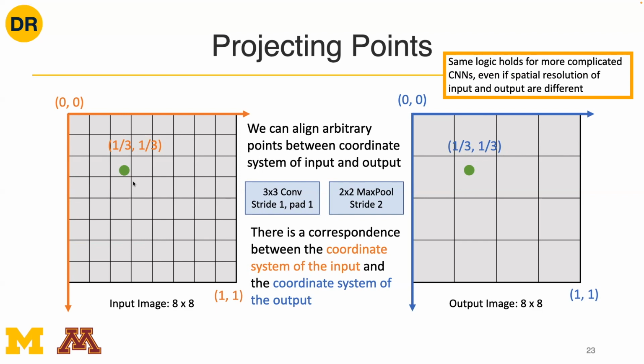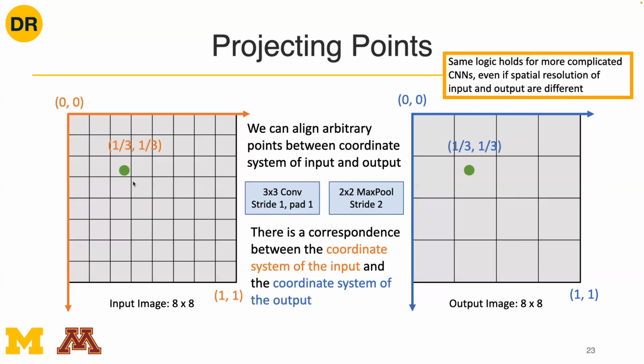So the specific input feature, maybe at column number 10 and row number 20, might fall in the output feature space at some point that's now a continuous value. So it might be at pixel location 3.2 in the columns and, I'm kind of making up numbers, 4.7 in the rows.